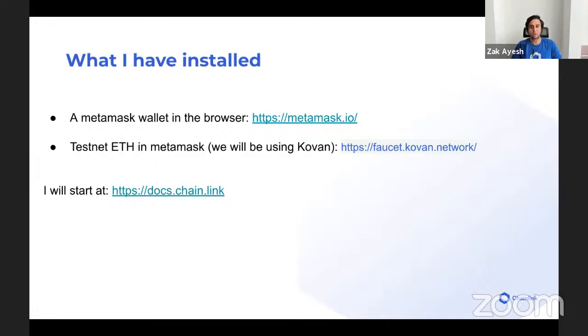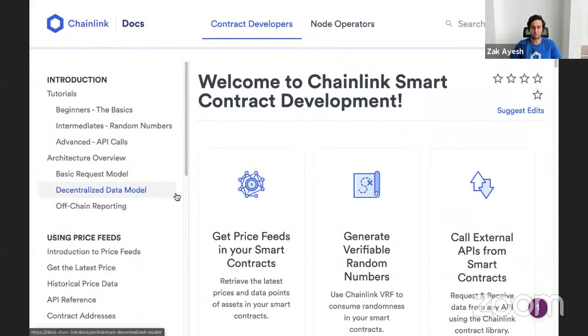And within that MetaMask account, we'll need to have testnet ETH, because any interaction with a blockchain that involves changing state or doing any dynamic computation requires ETH to be paid to the miners as gas. I already have MetaMask, and I've already filled up my wallet with some testnet ETH. So let's go ahead and start the demo at the Chainlink docs that I talk so much about.